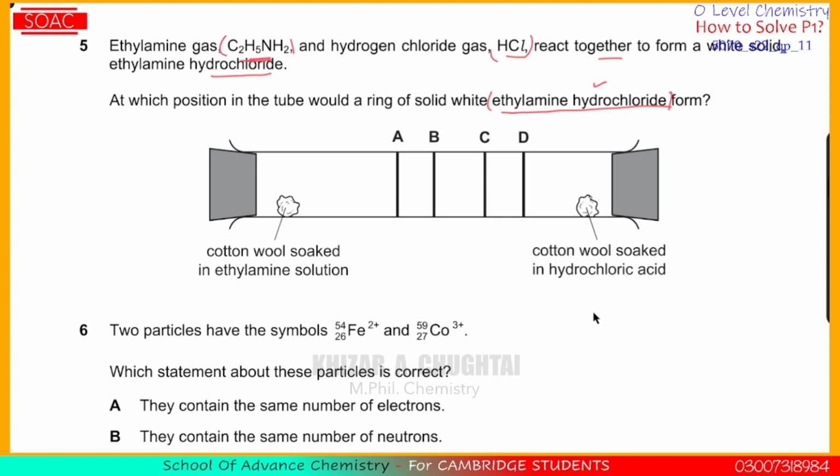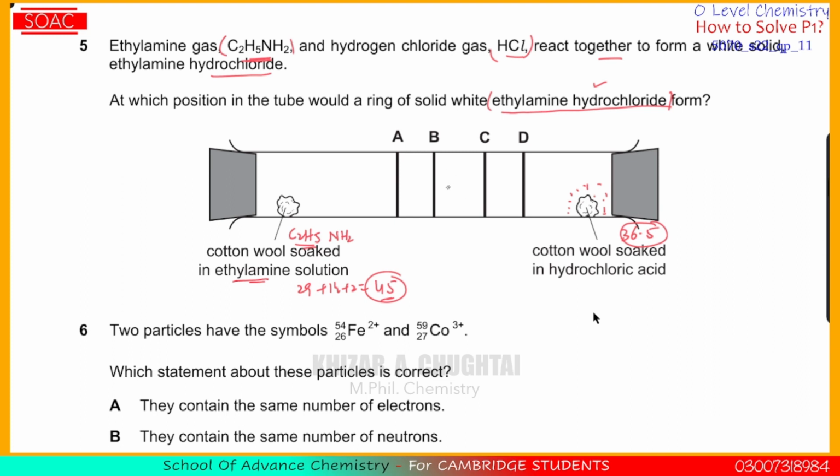The cotton wool is releasing the vapors of HCl and its mass is 36.5. The mass of ethylamine, C2H5NH2: C2H5 mass is 29, plus nitrogen 14, plus 2 for hydrogen. So the total mass is 45. So which one has more mass? The mass of ethylamine is higher.